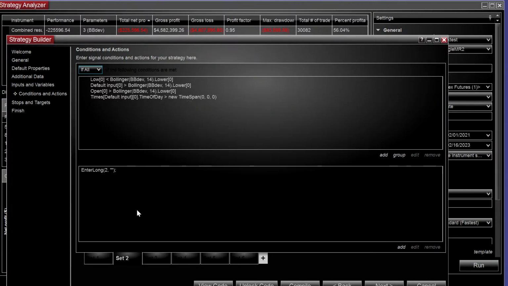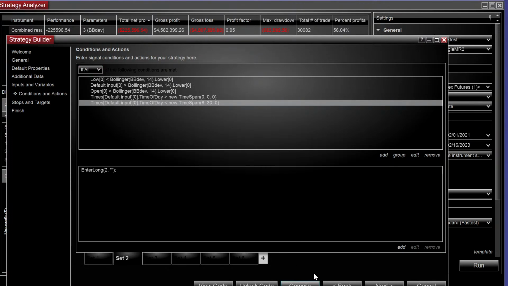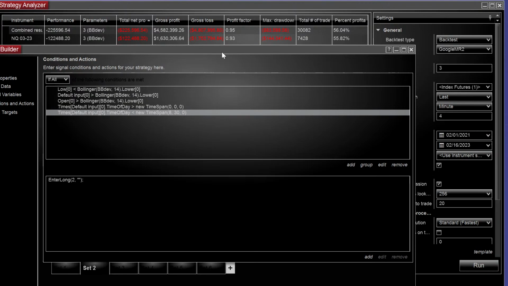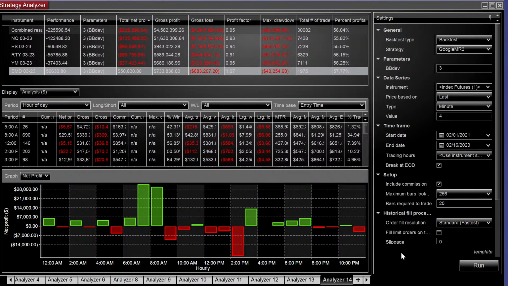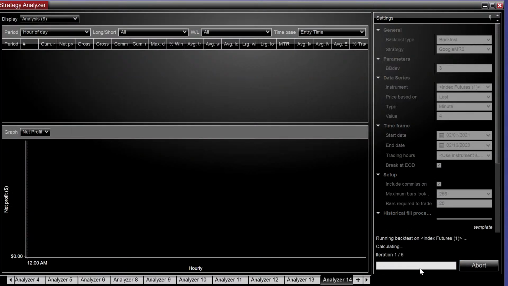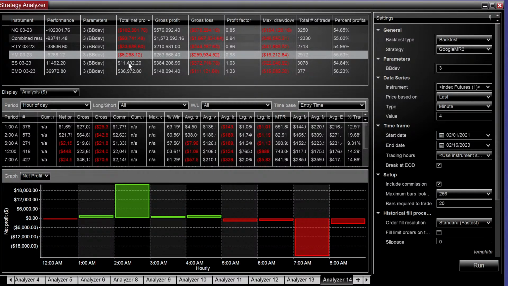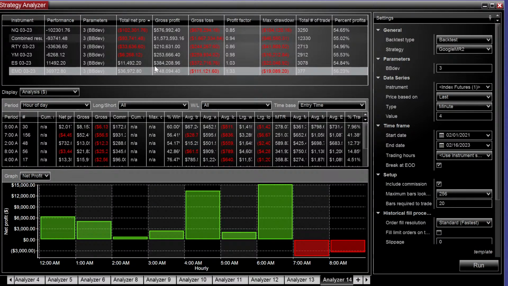Same thing for the short side. I don't know which product I was on, because I guess I was only looking at EMD.